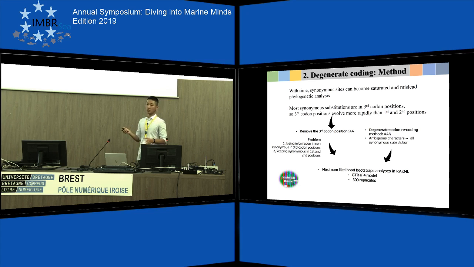So the third codon position evolves much faster than the first and second ones. The typical method is to simply remove the third codon position from the data set, but it has two problems. First, we still lose the information in the third codon position from non-synonymous substitutions, and it also leaves the synonymous substitutions in the first and second codon positions.